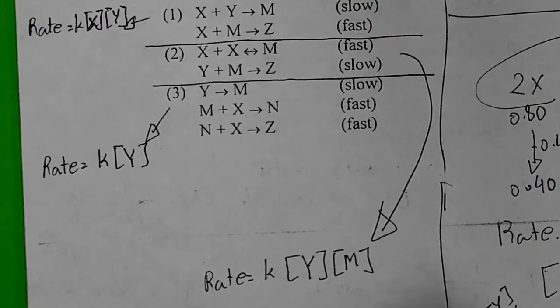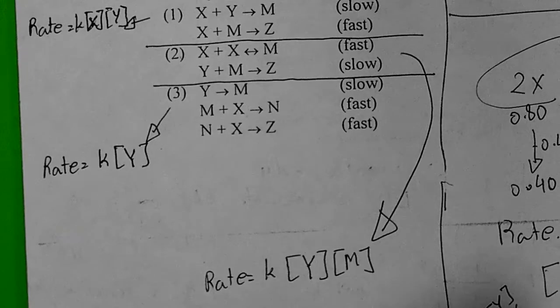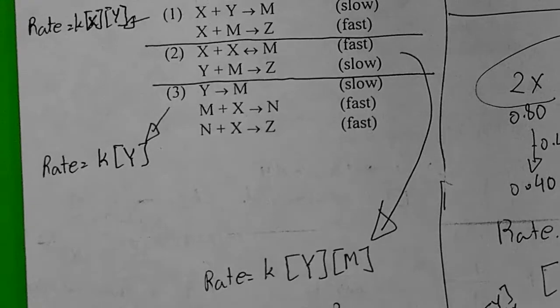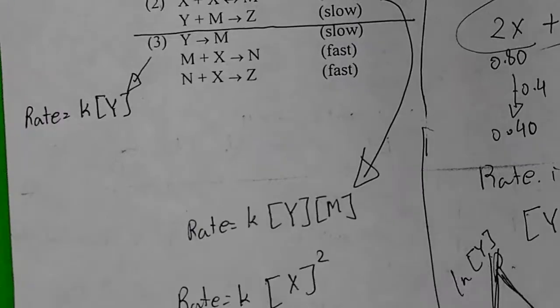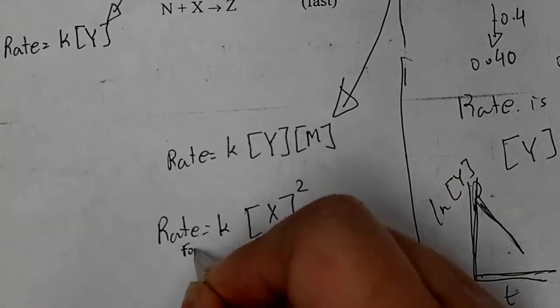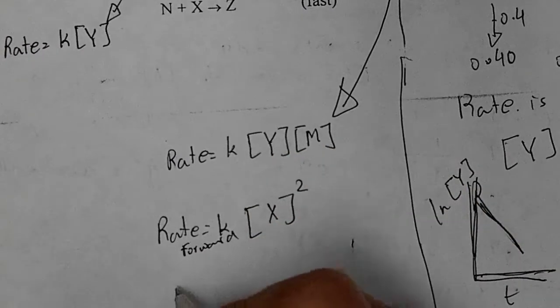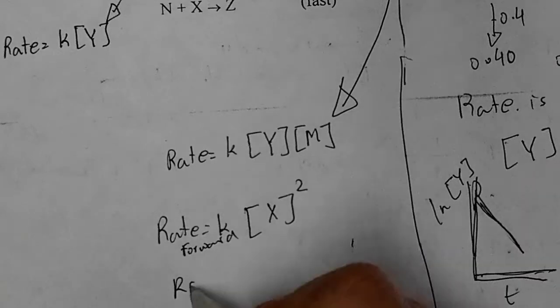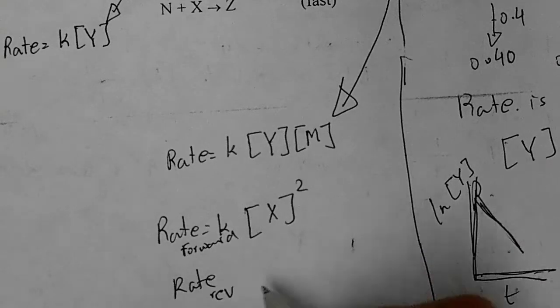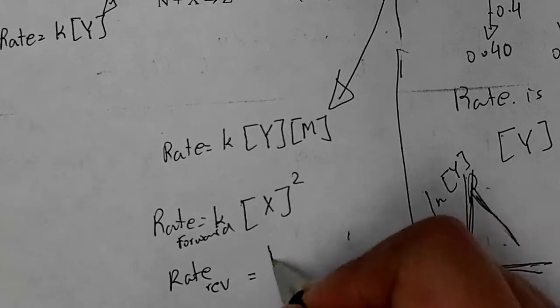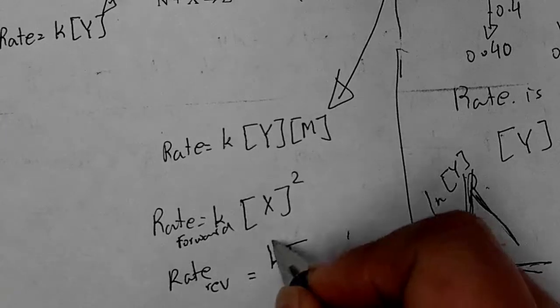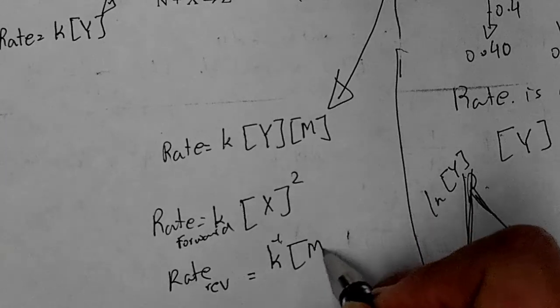Rate is equal to K X squared, that's the forward. The reverse is going to be equal to K inverse, basically M.